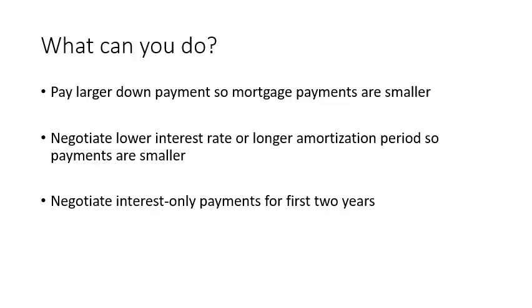So what can you do now that you know this? You can pay a larger down payment, so the mortgage payments are smaller. If the mortgage payments are smaller, the annual debt service is smaller, and your ratio might be higher. You might meet the lender requirements. You can negotiate a lower interest rate or a longer amortization period, so the payments are smaller.